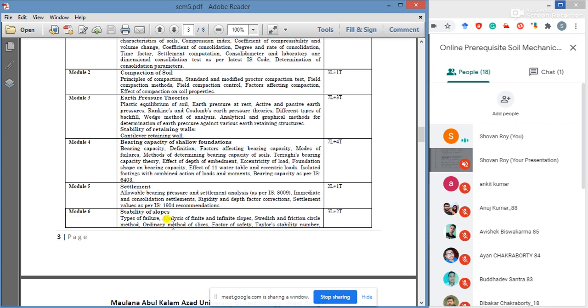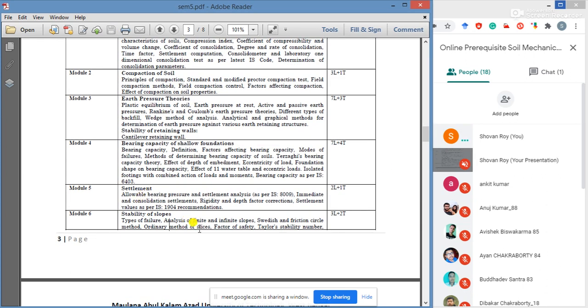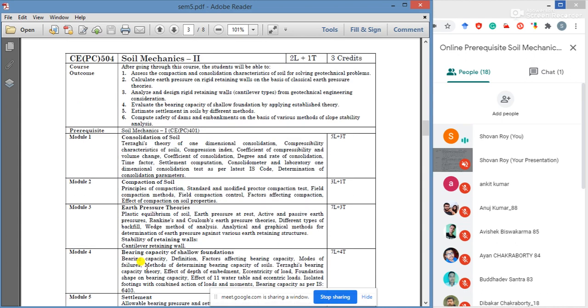Stability of slopes is a core chapter of foundation engineering. Normally foundation engineering is the common term, but in the new syllabus the syllabus authority has specified two names, soil mechanics 1 and soil mechanics 2. In the earlier syllabus compaction and consolidation were included in soil mechanics, but now you get them in soil mechanics 2.